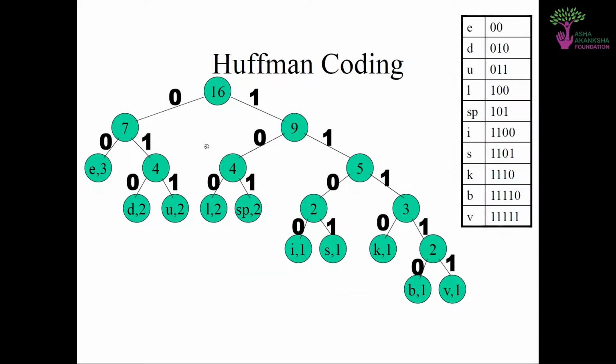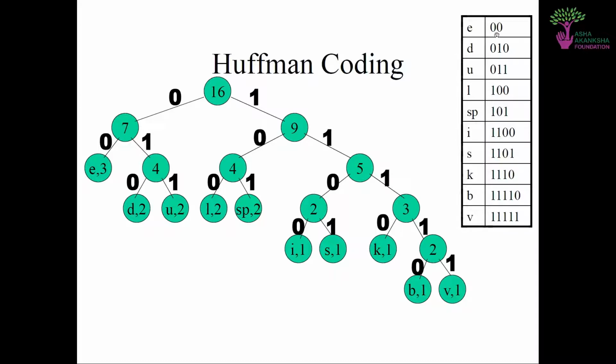So here is the assignment of each code. As you can see, for E it would be 0 0, and then for D 0 1 0, and everything up until V, which was 1 1 1 1 1. So these are all the leaf nodes. As you can clearly see, the character which had the highest frequency, which was E, takes up the least amount of bits.